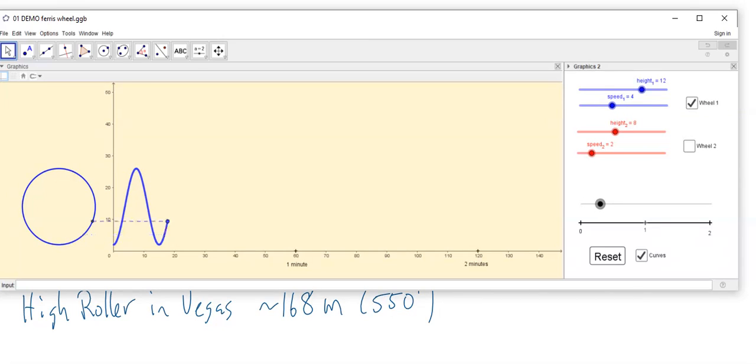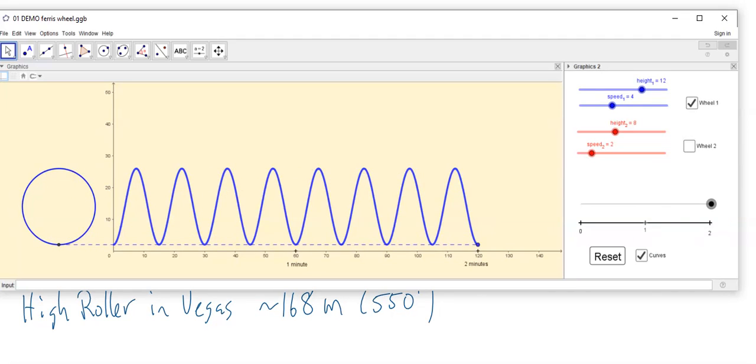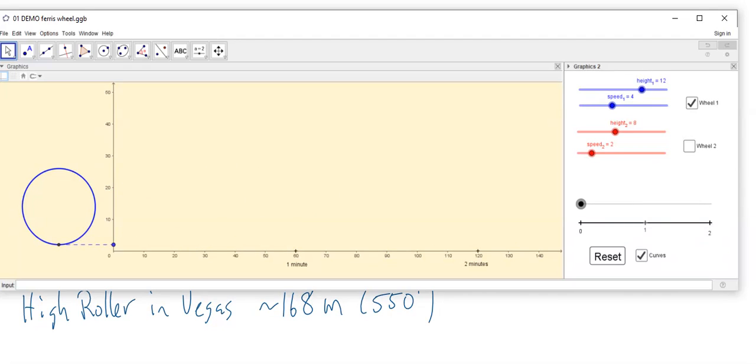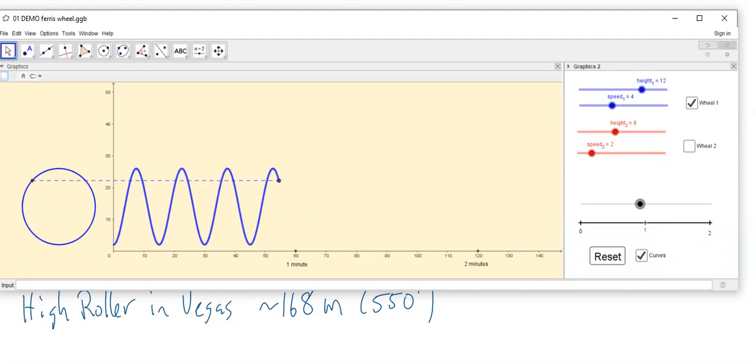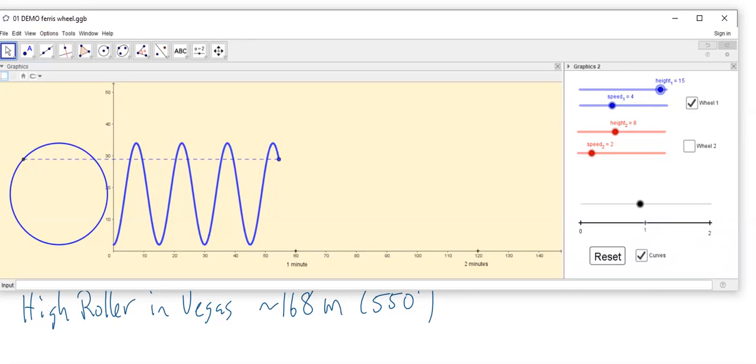So now it's gone through up and down 4 times in 1 minute. And then obviously if I go to 2 minutes, it'll be 8 times. And the peaks are a lot shorter. Again, if I increase the height, it increases the height of those peaks. But it doesn't change how wide they are, I guess you might call that.